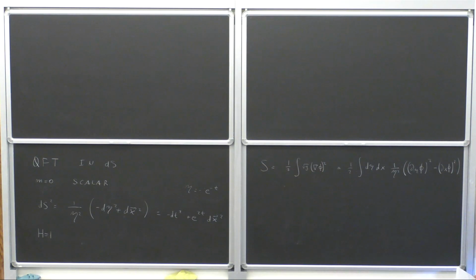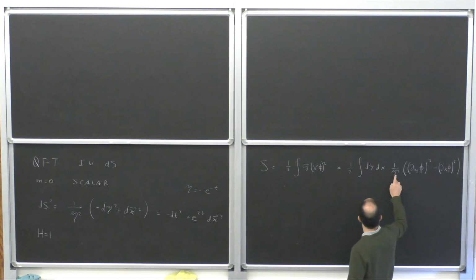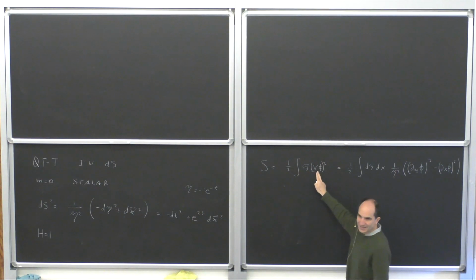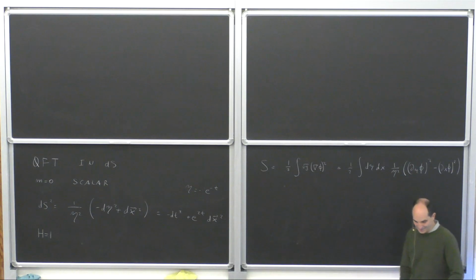So that's our Lagrangian. Notice that there are only 2 factors of eta because the square root of g has 4 factors, and we have an inverse metric that gives 2 factors.